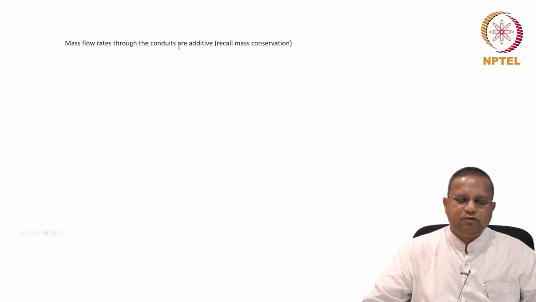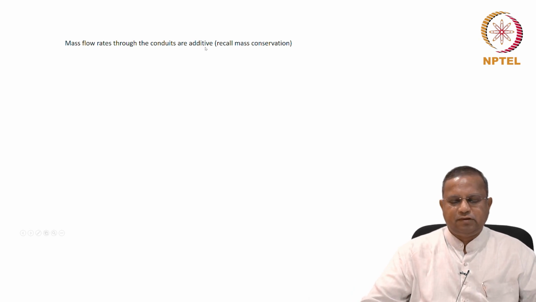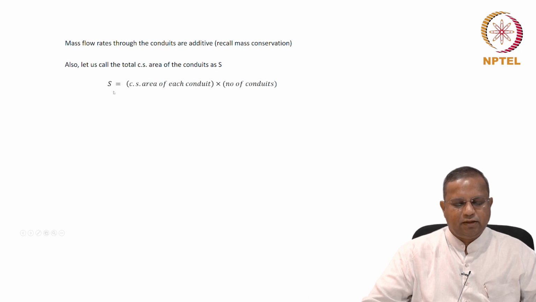The mass flow rates through the conduits are all additive. Mass is a scalar, so the mass flow rates are all additive. Also, we are going to call the total cross-sectional area of the conduits S. So S is nothing but the cross-sectional area of each conduit times the number of conduits.